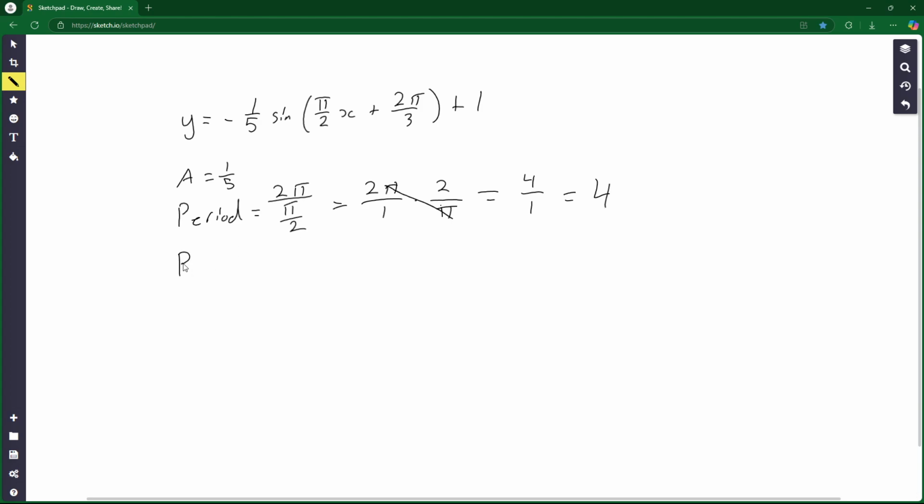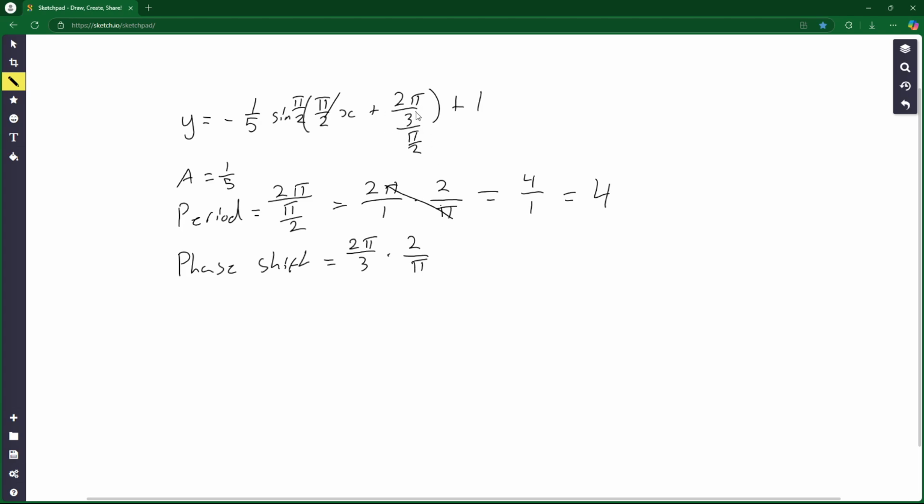Our phase shift is going to equal, again, since we're dividing this out, this is going to be pi over 2, because this is all the way out here now. Our phase shift is going to be 2 pi over 3 multiplied by 2 over pi.